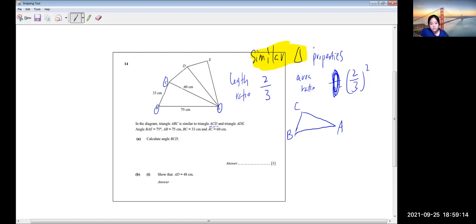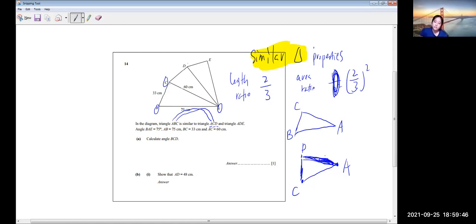A is here, C is here, D. So A matches with A, and then B matches with C, and then C matches with D. You must match accordingly. If you match wrongly, it's wrong already.